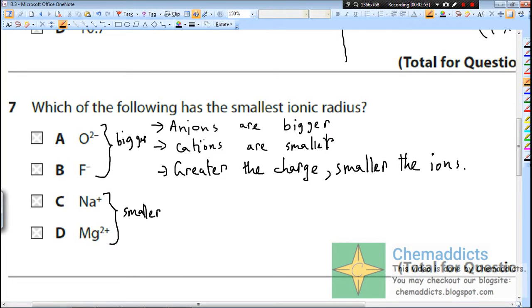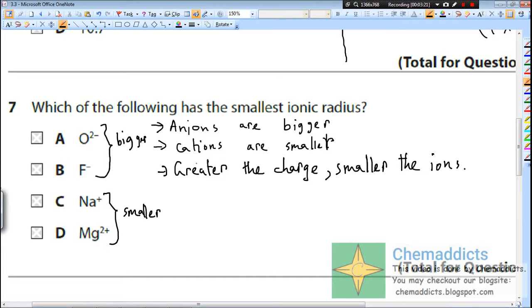Anions are greater than their usual atoms because anions are negatively charged ions. Greater the negative charge on ions, the greater the increase in size, since there is an increase in repulsion between the electrons in shells.